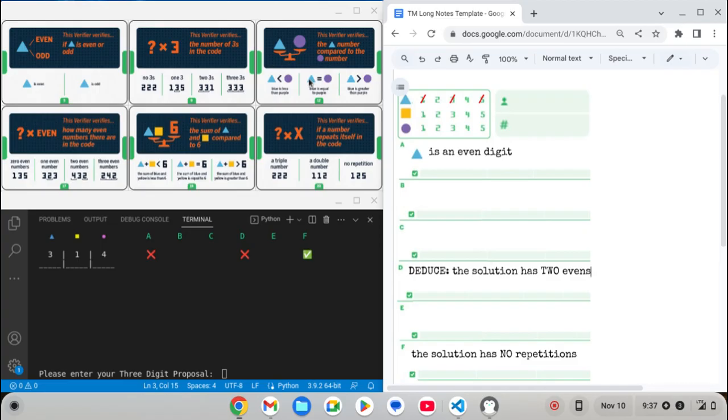We also did not test criteria card C, comparing triangle and circle, and of course we didn't test criteria card E, the sum of the first 2 digits in comparison to the number 6. So of course a couple of possibilities are that the sum of the first 2 digits might be 6 if we do have 2 evens, but it depends on what circle might be.